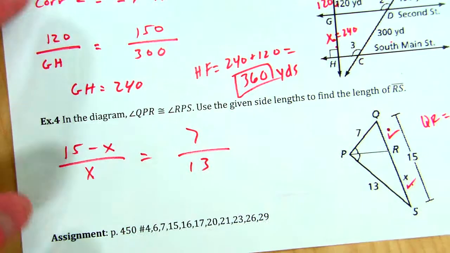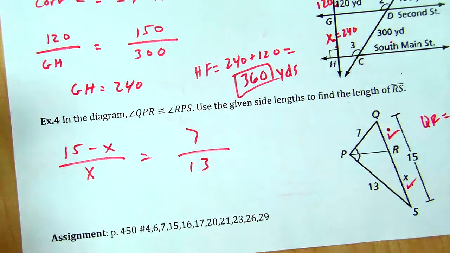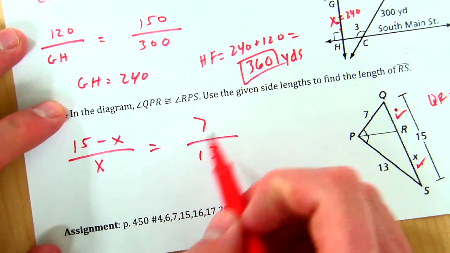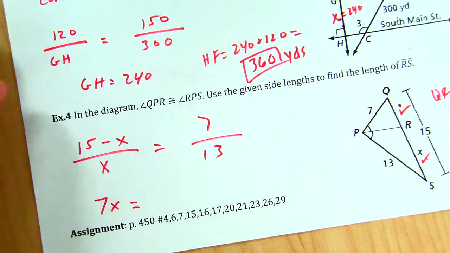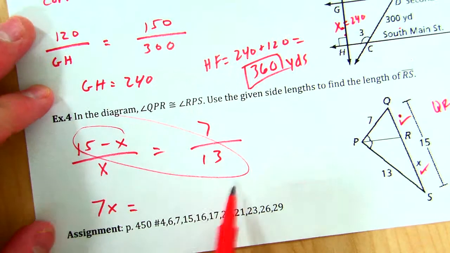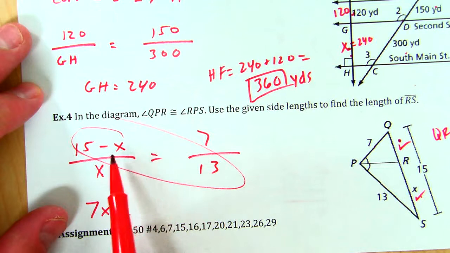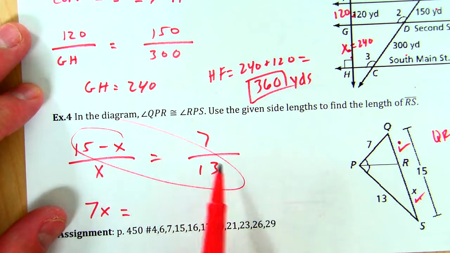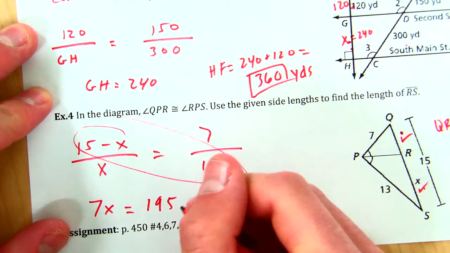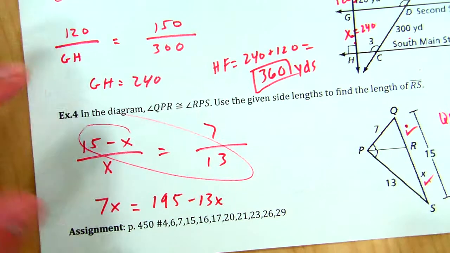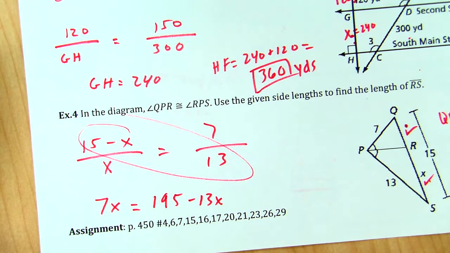Okay. So now the cross multiplying gets a little bit trickier because you do 7 times x. 7 times x is 7x. When you cross multiply here, just make sure that you distribute this 13 to both terms. 13 times 15 is 195, and then you'll have a minus 13x. So both of those terms got multiplied by 13.